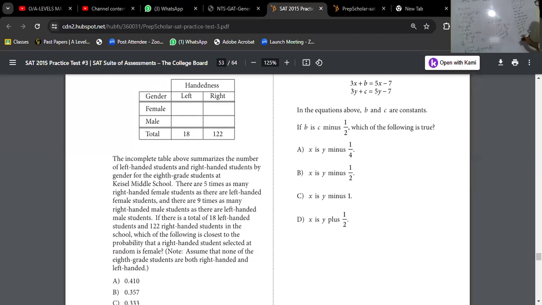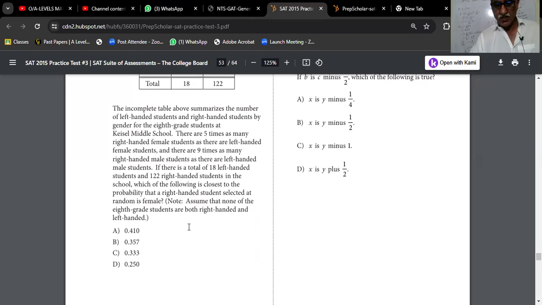So it is basically equal to 0.408, and this is the answer, 0.410.